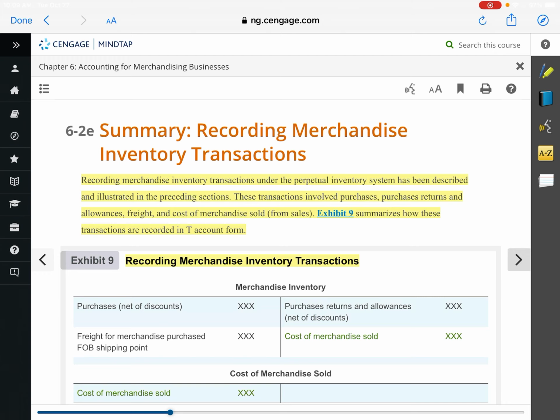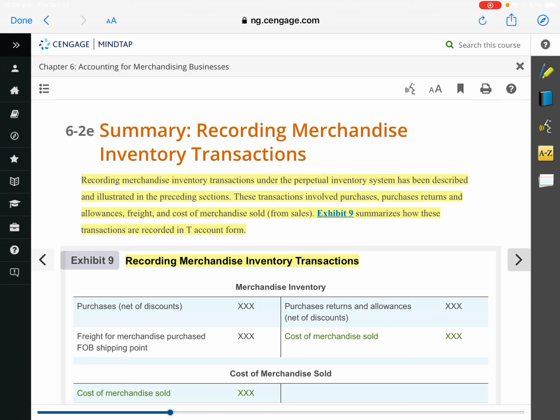Another thing that would decrease merchandise inventory is if we had a return. Now, I'm going to do my best not to have any returns on the test, just because it gets a little complicated, a two-sentence problem could have a lot of details in it. But it makes sense. If you make a return, then you're decreasing your merchandise inventory.